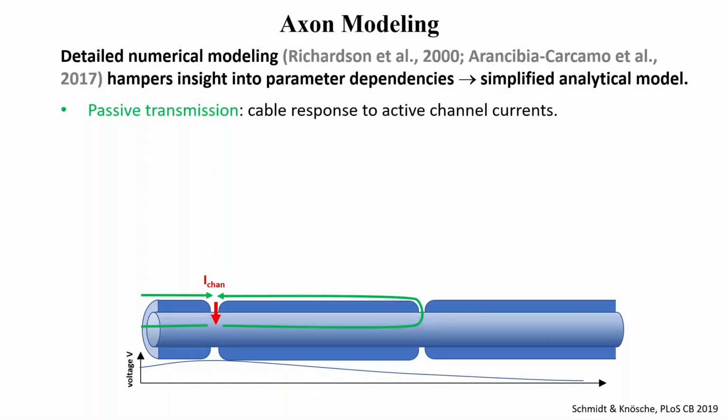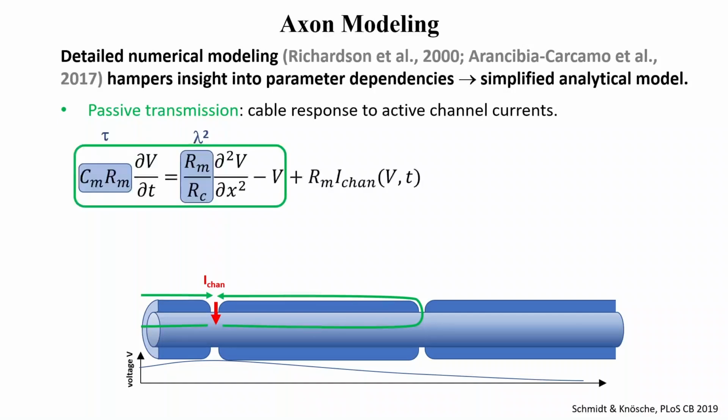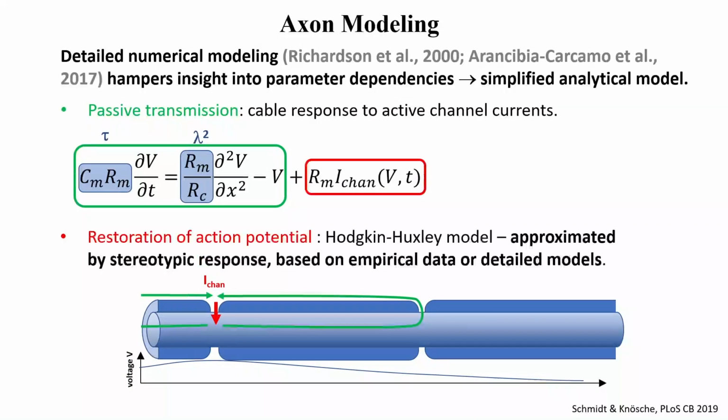The first one is a passive transmission part, which is simply characterized by the cable equation, as you can see here. And the active input at every node of Ranvier, the restoration of the action potential, can be modeled in a complex way by, for example, the Hodgkin-Huxley formalism.